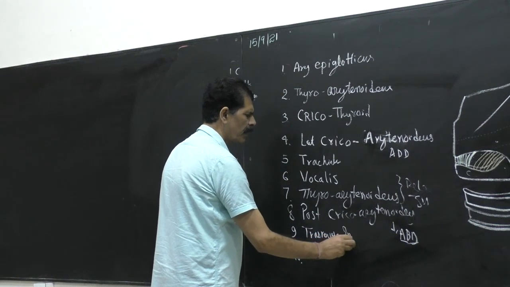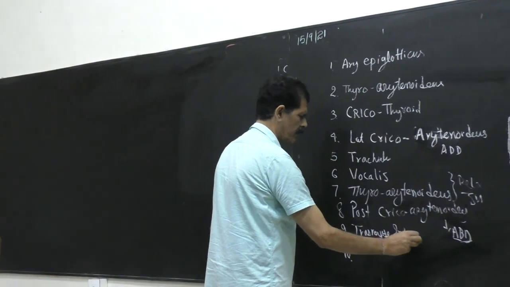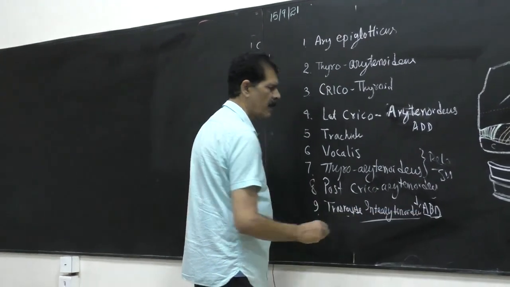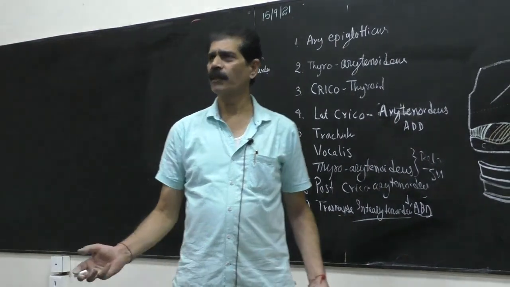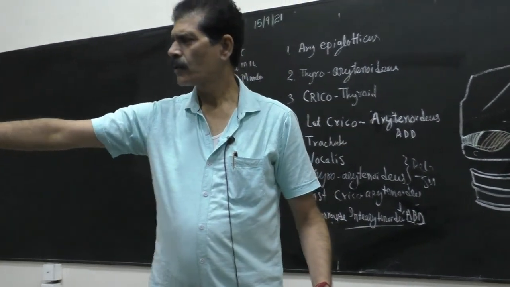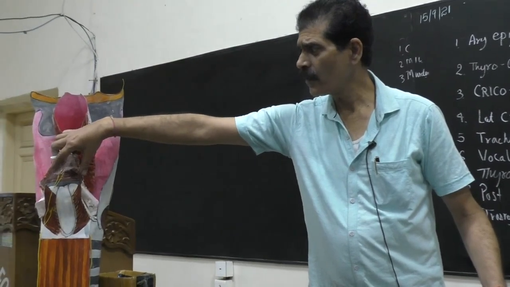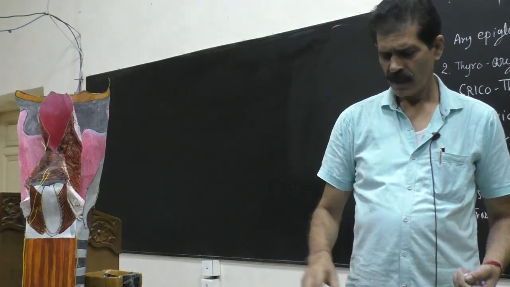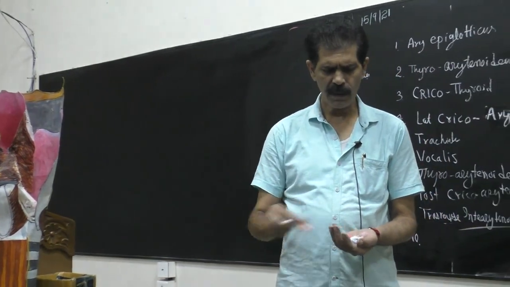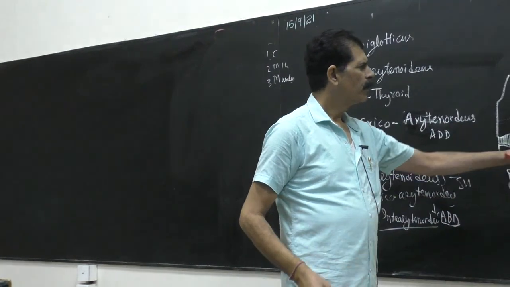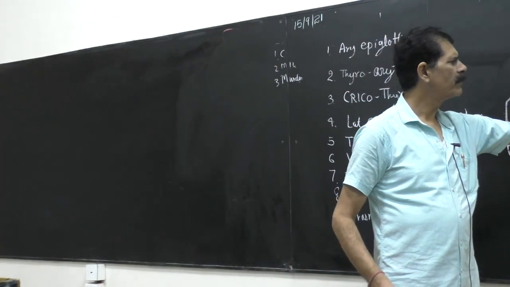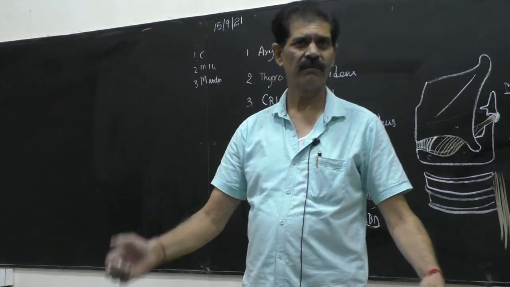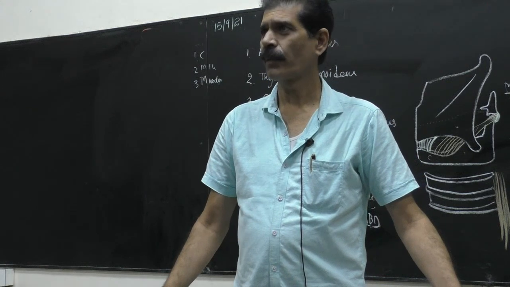Transverse interarytenoideus, because it is present transversely from right to left. So what will be the action? When this muscle contracts, the two arytenoid cartilages become closer. And when the two come closer, the vocal processes and vocal cords attached to them also become closer. What is this action called? Adduction. So the action is adduction.